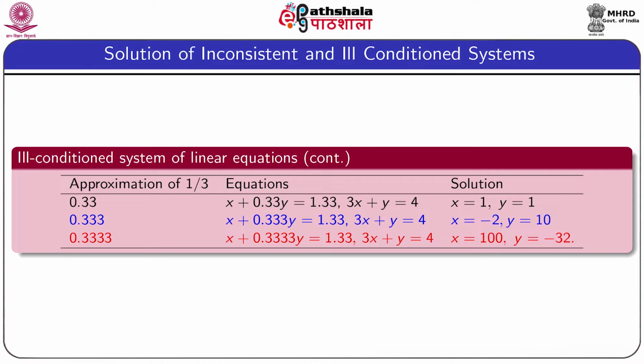So it is very interesting that with a minor change of the coefficient of y in the first equation, the solution is drastically changed. That means if we compare the first row and third row of this table, then we see that the coefficient in the third system of equations is increased by 0.0033, but the solution is 100 times more than the solution obtained in the first system of equations of this table.